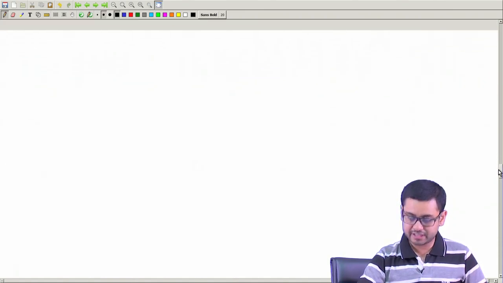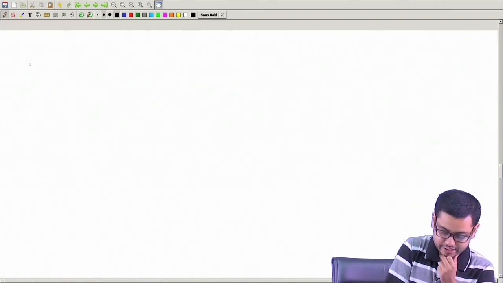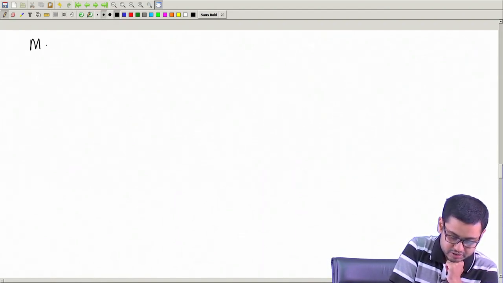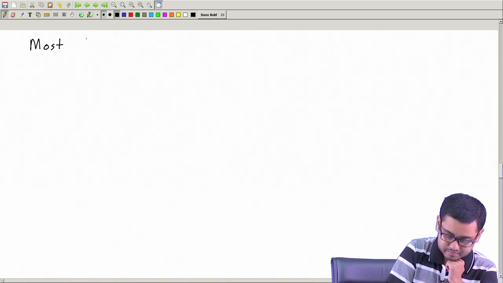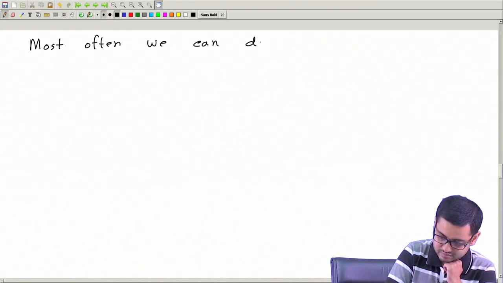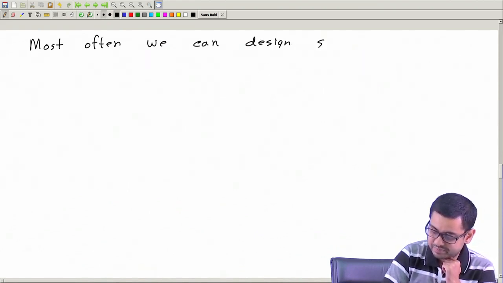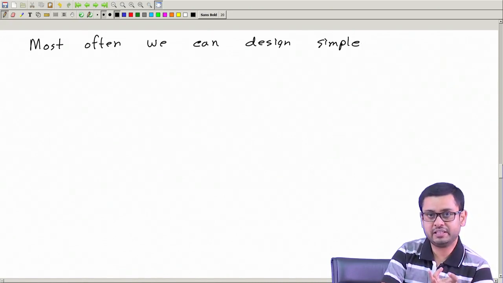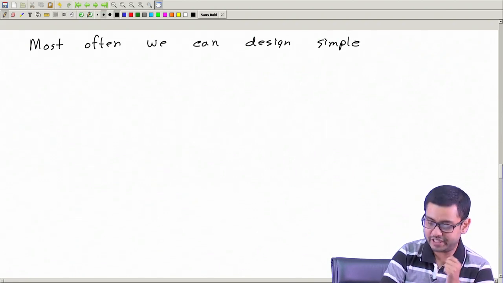Now, I will tell you an interesting fact. Most often we can design simple bridges. Simple means whose balance equation is easy and simple to derive.